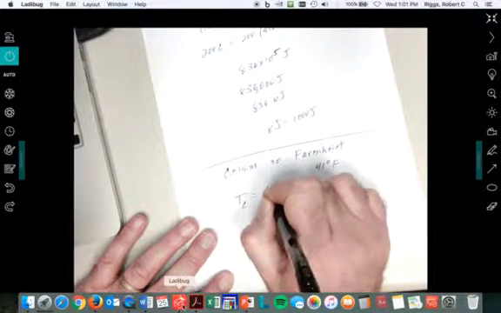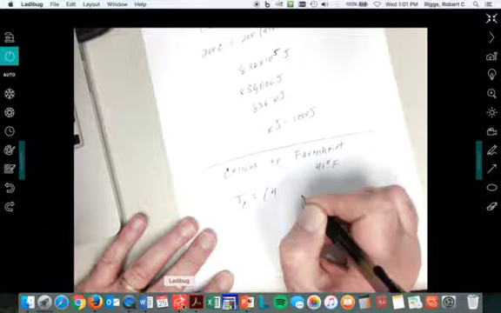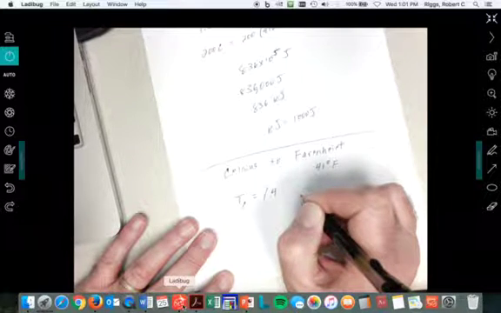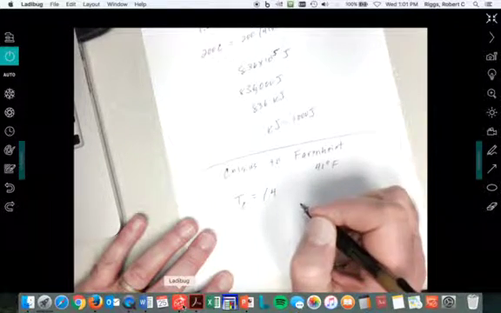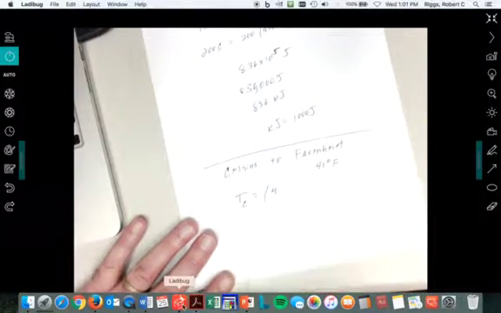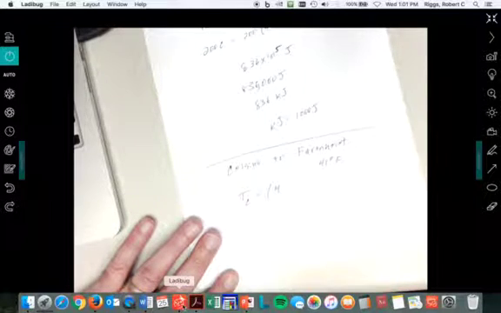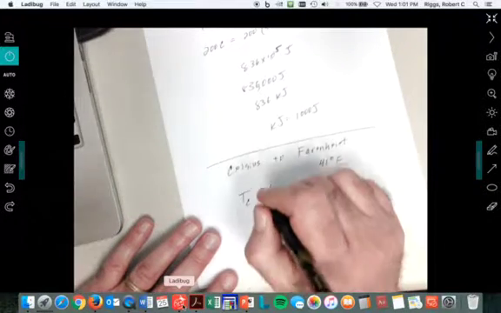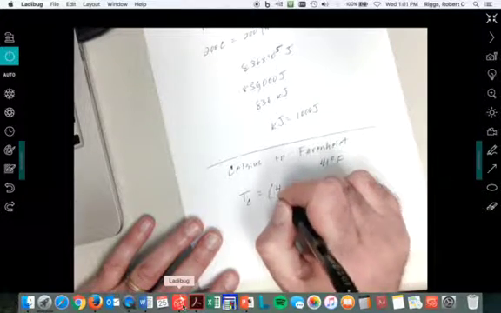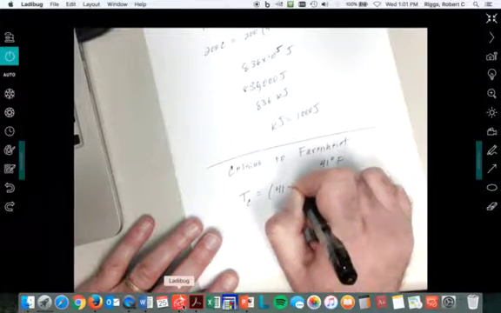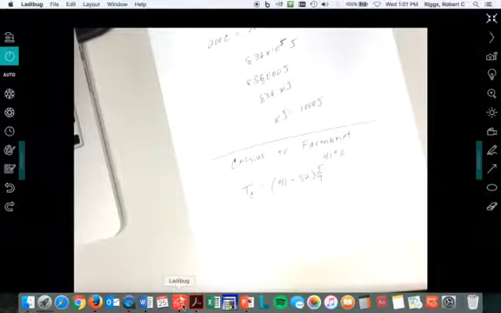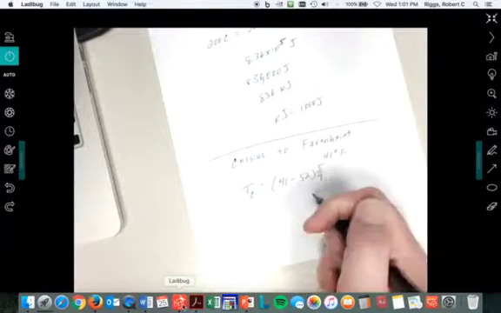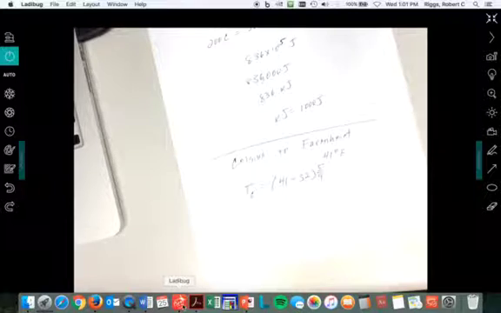I take 41 minus 32 times 5/9. Now, some of you that are new to using your calculator are going, how do I get 5/9 on my calculator? That's 5 divided by 9.